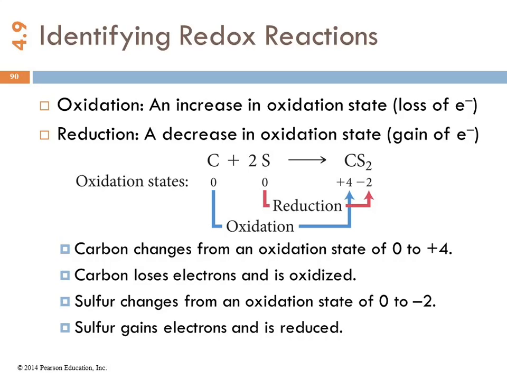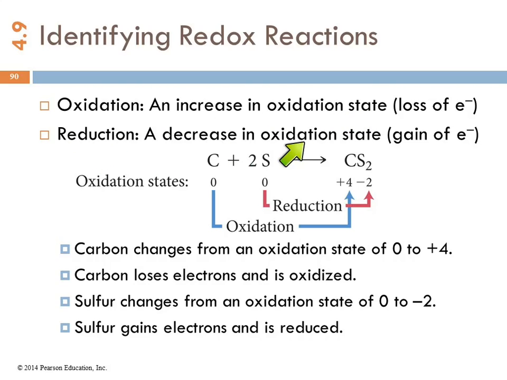We can use oxidation states to identify if we have a redox reaction. So oxidation, we said, was loss of electrons. If you're losing electrons, the oxidation number becomes more positive, just like the charges on ions, right? So oxidation is an increase in the oxidation state.